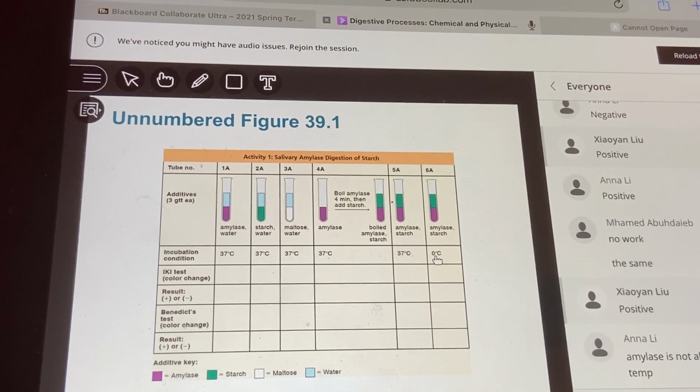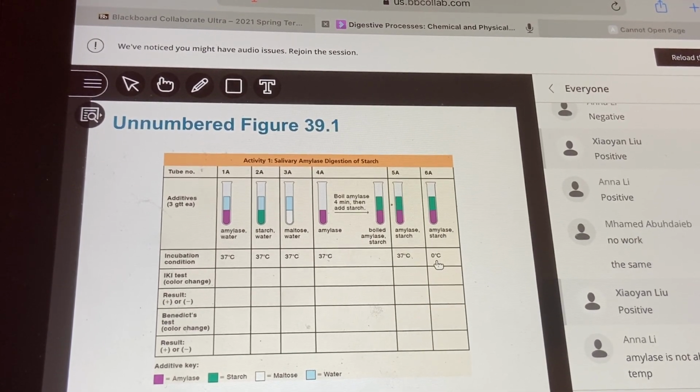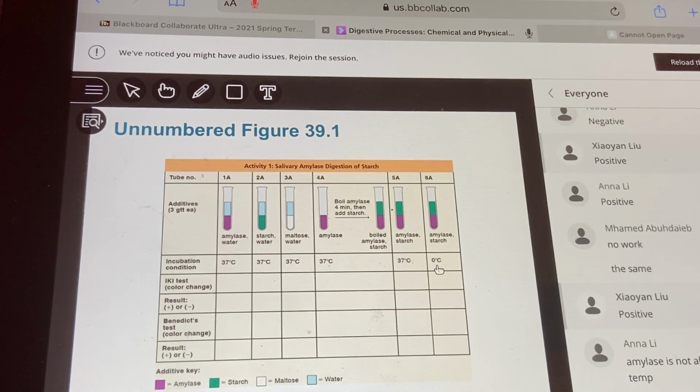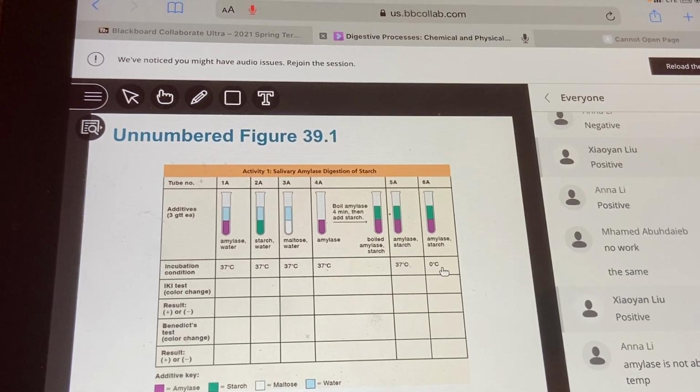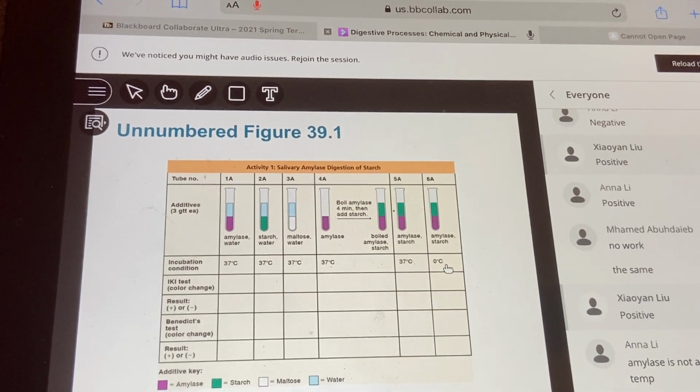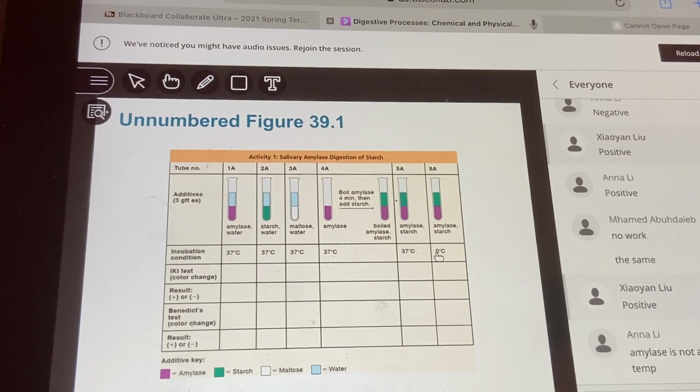Don't say no temperature. The temperature is 0 degrees. When you say 0 degrees, it's like freezing. 0 degrees Celsius is the freezing point. Okay, it's cold. Yeah, I know. That means there is not going to be any chemical reaction here.